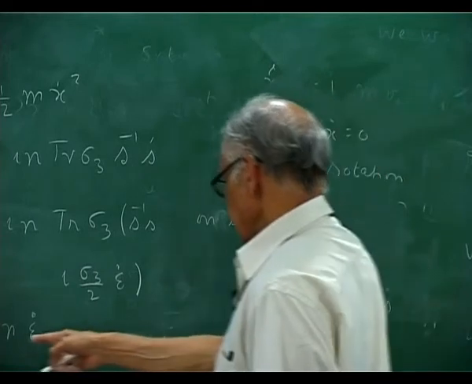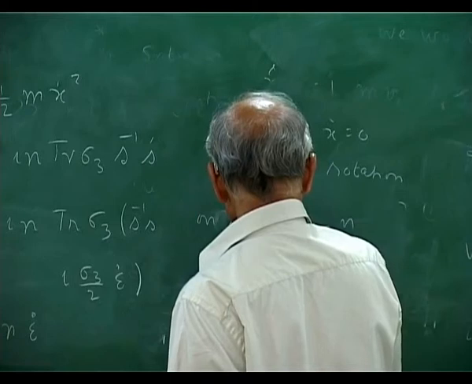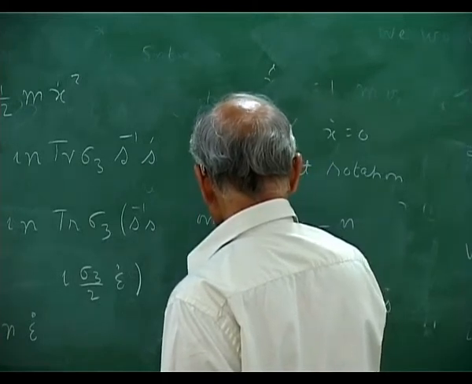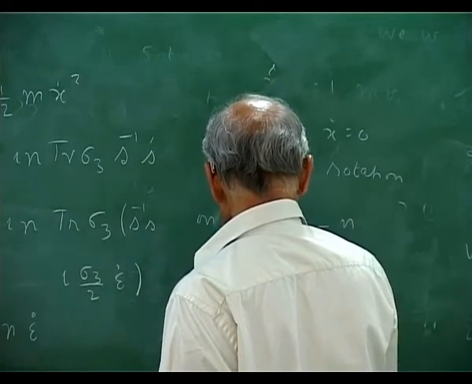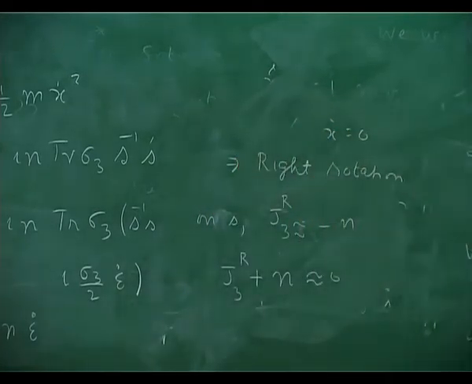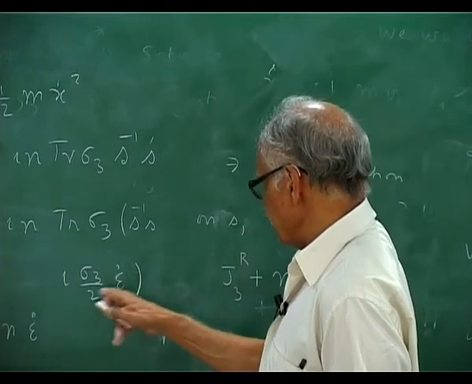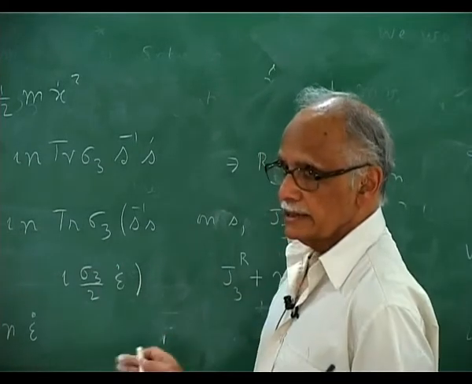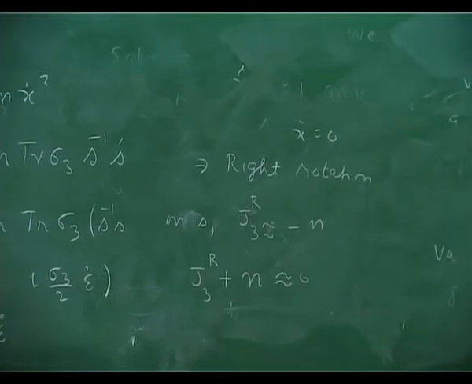So it is equal to minus n; that is weakly equal to, this is a constraint. So I am getting an equation like J3 right plus n is weakly 0. Again, I am noticing that I am consistently getting an extra minus sign, never mind. So the right rotation is a constraint, a first class constraint.